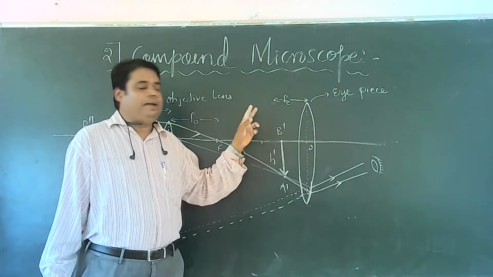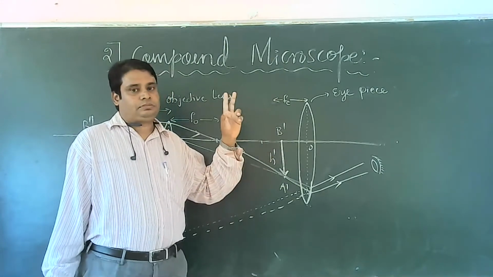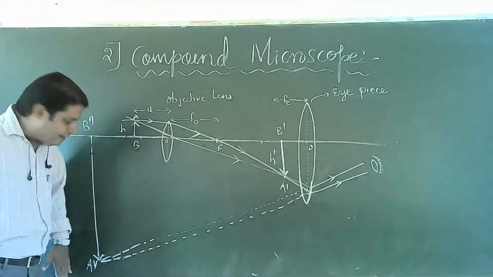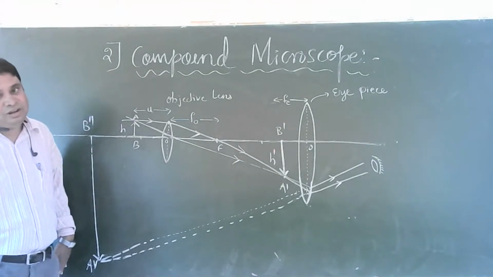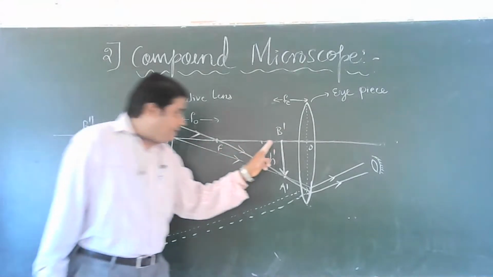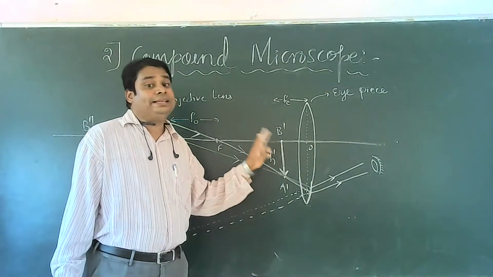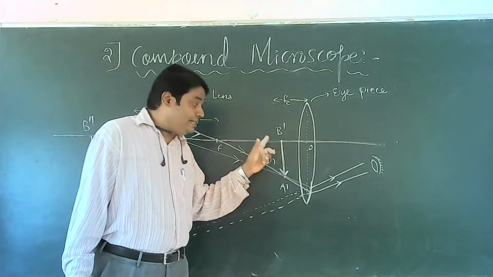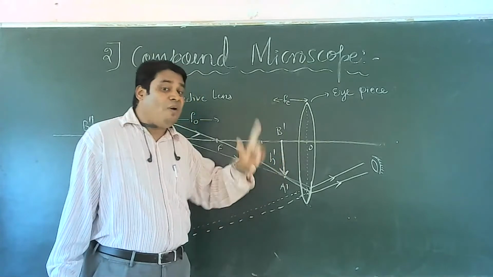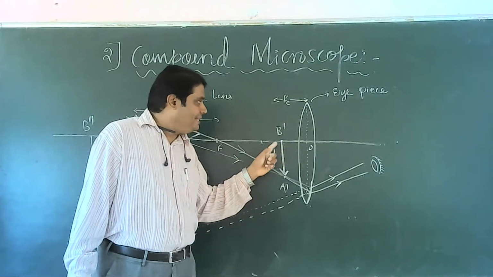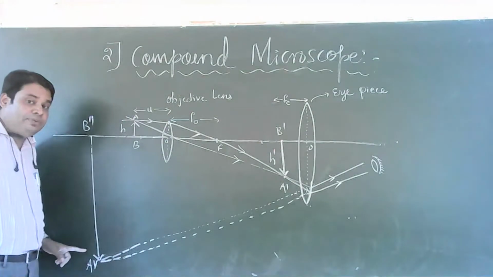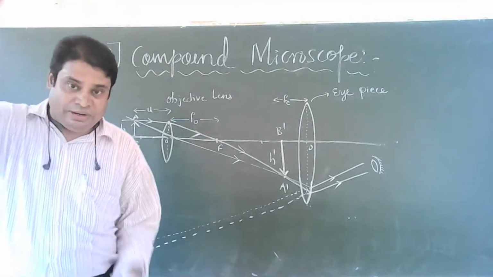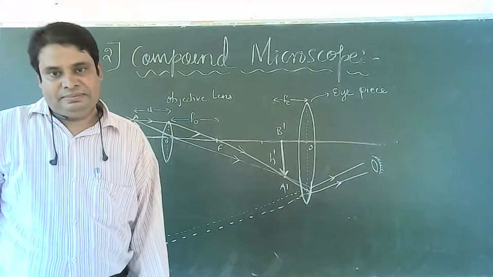Then a virtual image is formed on the side of the object only, which is very much enlarged. If this image is kept exactly at f, then your image will form at infinity.